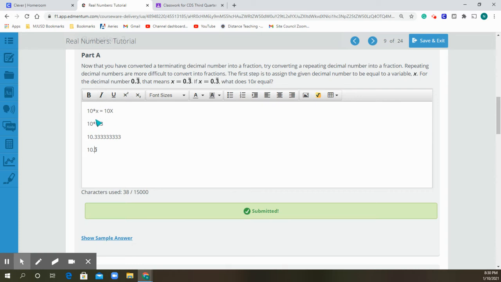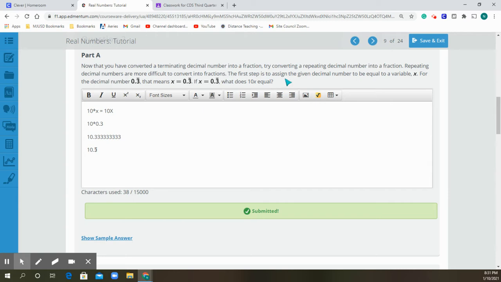In order to convert a terminating decimal number into a fraction, try converting a repeating decimal number into a fraction. Repeating decimal numbers are more difficult to convert into fractions. First step is to assign the given decimal number to be equal to a variable x.